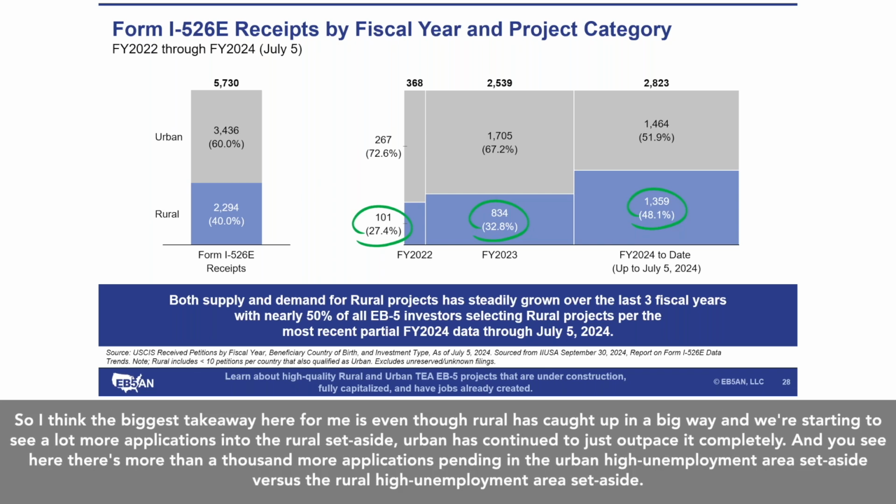The biggest takeaway for me is, even though rural has caught up in a big way, and we're starting to see a lot more applications into the rural set aside, urban has continued to just outpace it completely. You see here there are more than 1,000 more applications pending in the urban high unemployment area set aside versus the rural high unemployment area set aside.